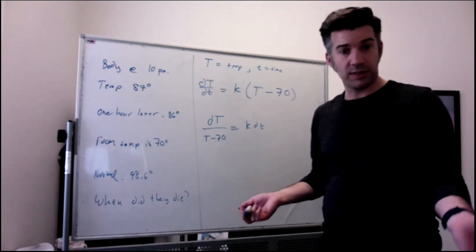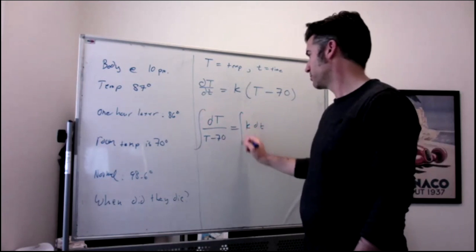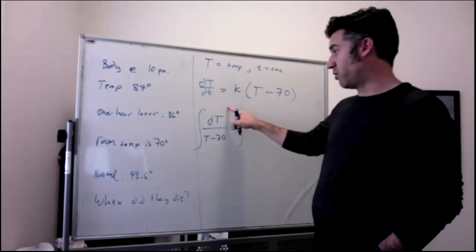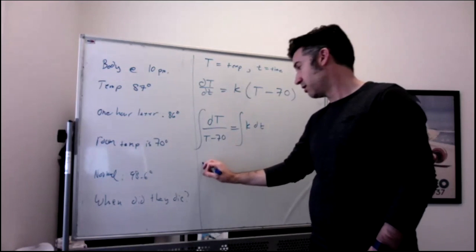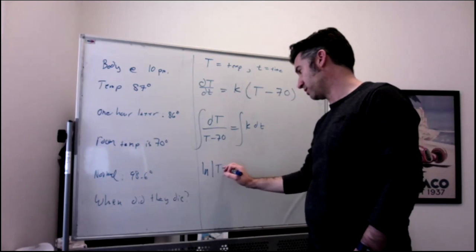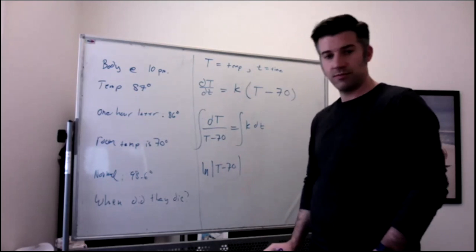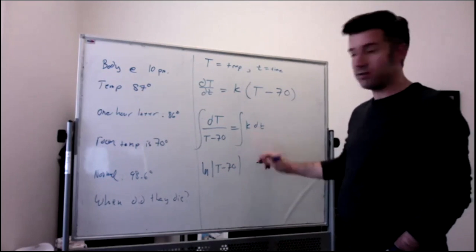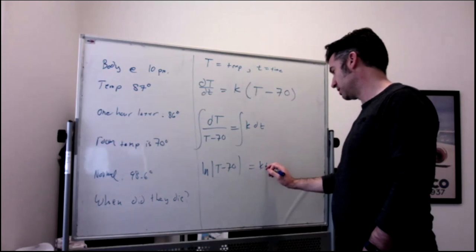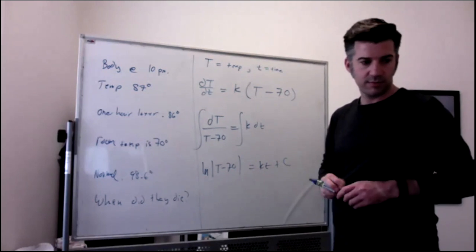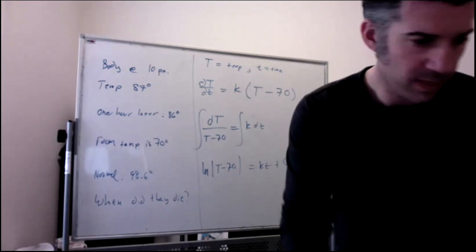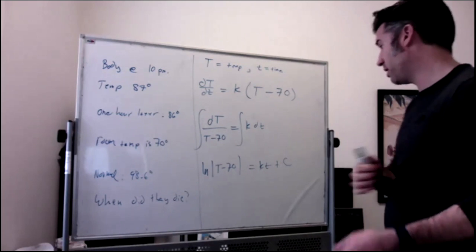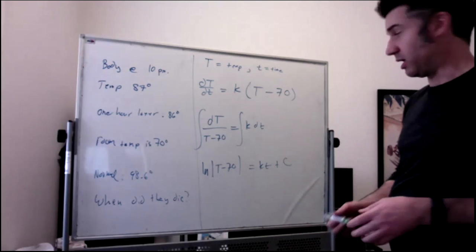We're going to integrate both sides. The integral of 1 over T minus 70 is the natural log of the absolute value of T minus 70. The integral of k is kt plus c. So then we exponentiate both sides.